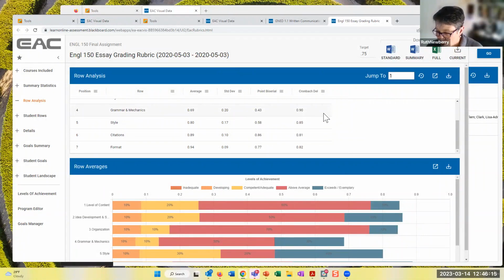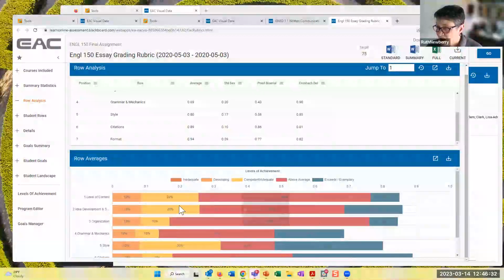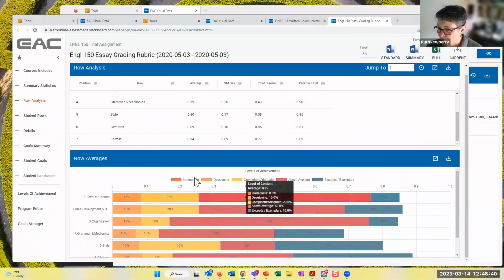If I do, this is telling me your rubric would be better without this row, potentially. But I have to remember, especially looking at my graph and the green, that what this is really telling me is whether everybody is doing well. At this lower end, they're not doing so well.